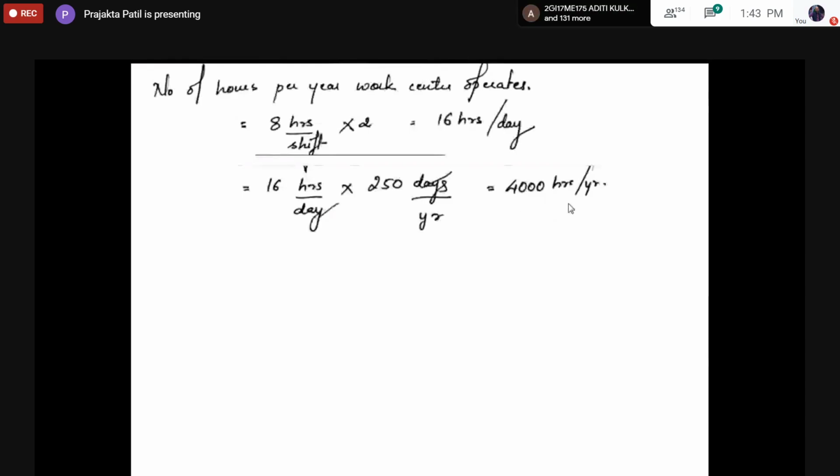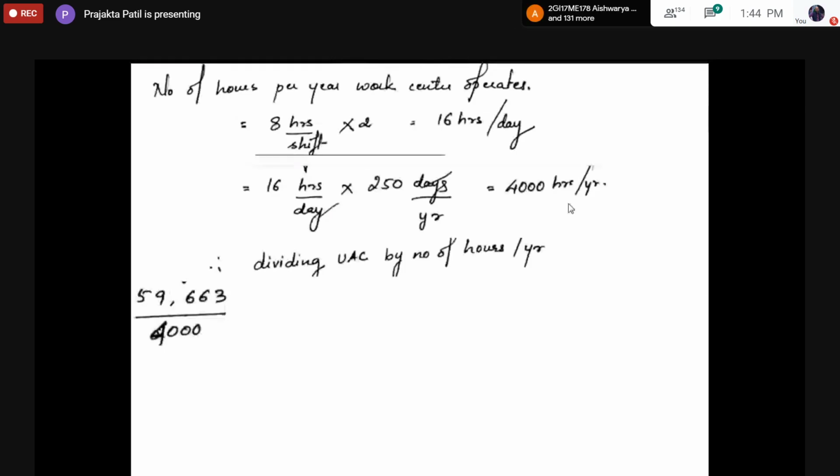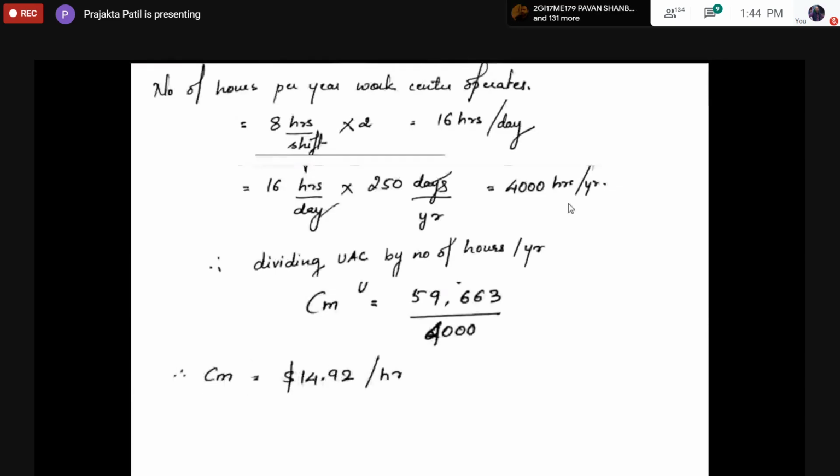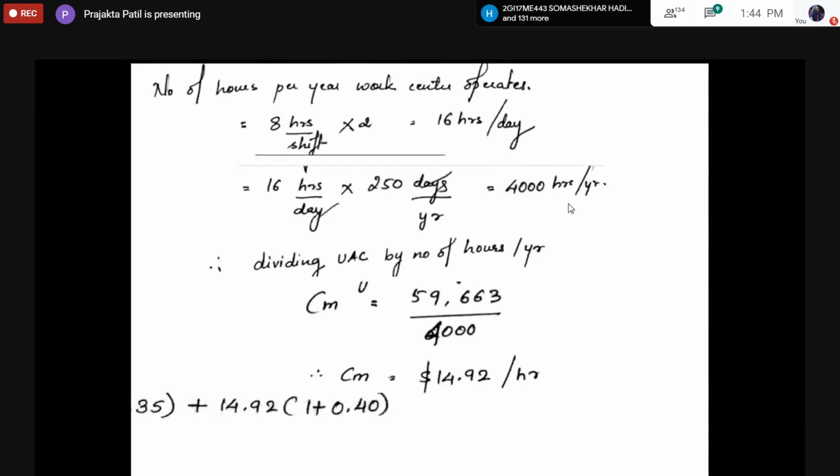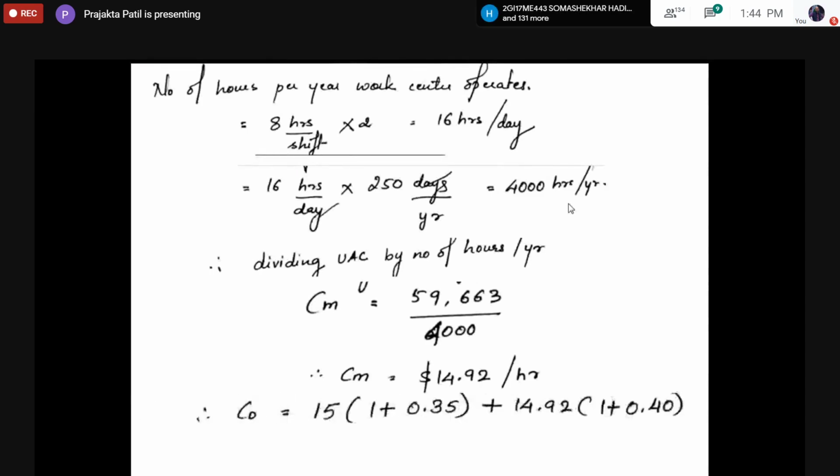Now you have to divide UAC by the number of hours to get the CM value, that is the machine cost, as $14.92. So as you have got the missing data, you go for a simple substitution in the C0 equation. A clear substitution will give you this answer.